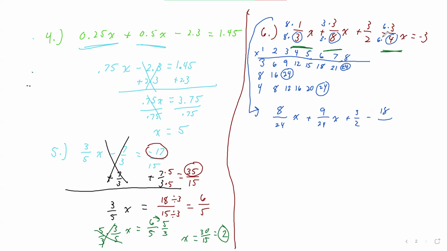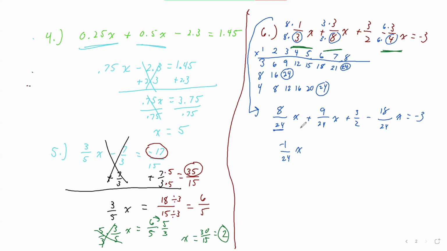And then 6 times 4. All right, now that these are all the same, I know my answer will have a 24 on the bottom, and now I can just do the top. So 8 plus 9, 17. 17 minus 18, negative 1, x.